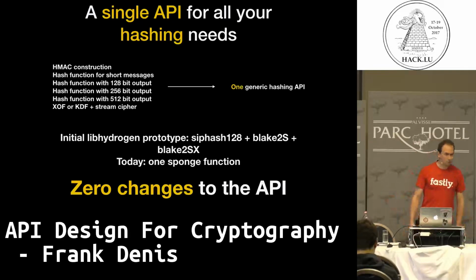The first version of Hydrogen relied on three different hash functions, but your high-level API doesn't even know about that. You just have one function to call, and you give it the output size, and it's going to call one of these. The crypto was completely rewritten in Hydrogen version 2, but the API didn't change at all, which is good.